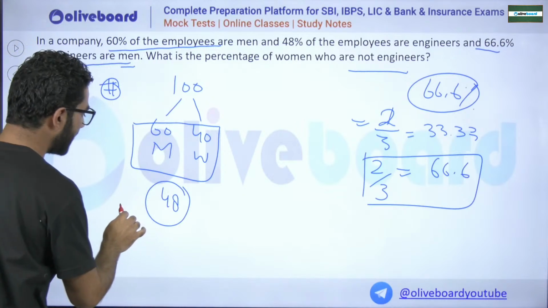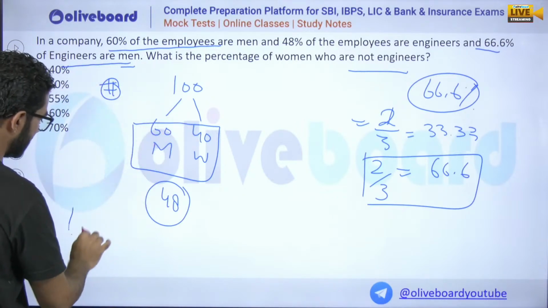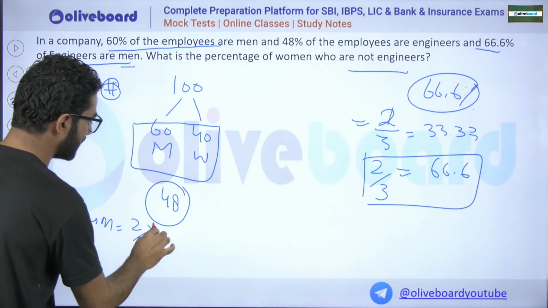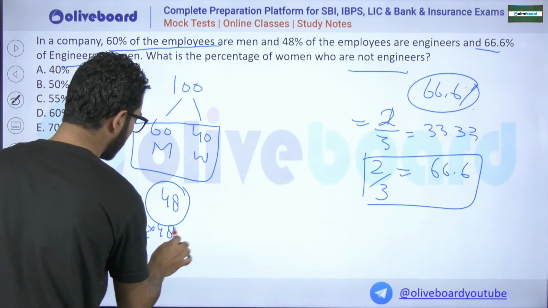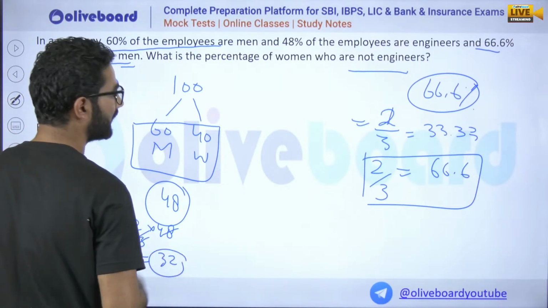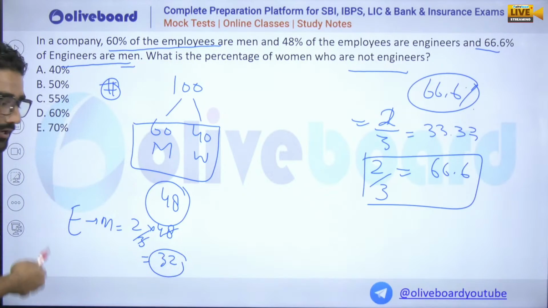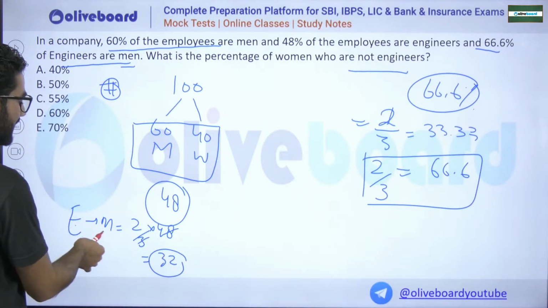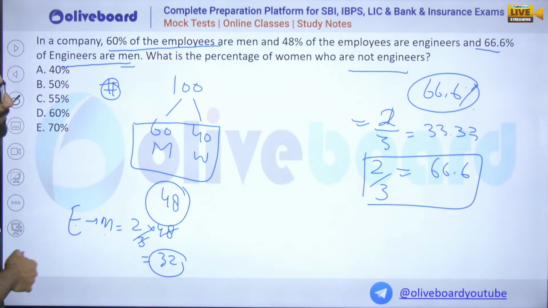So can I say how many engineers are men? Engineers that are men are nothing but 2/3 multiplied by 48, and by reducing this fraction, that will be 32. So engineers that are men are 32.